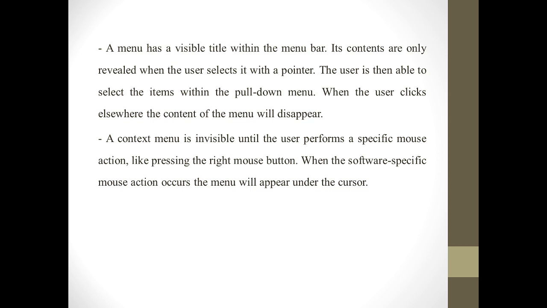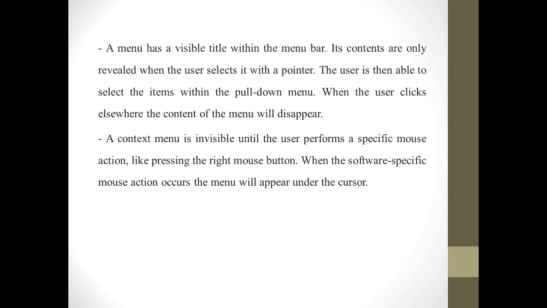A menu has a visible title within the menu bar. Its contents are only revealed when the user selects it with a pointer. The user is then able to select the items within the pull-down menu. When the user clicks elsewhere, the content of the menu will disappear.